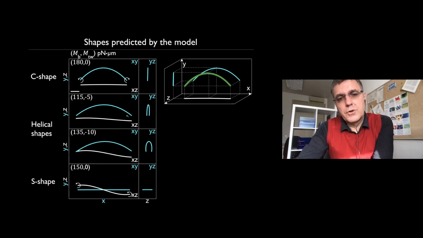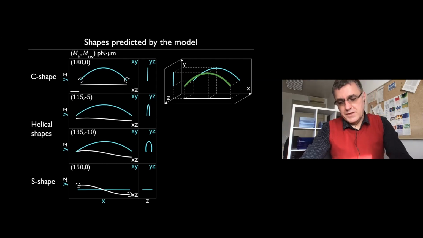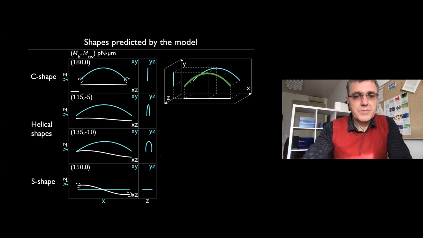To show how one can see these shapes if watching from one side to the other, this is shown in this YZ projection. In this YZ projection, these 3-dimensional shapes now have this petal-like shape.